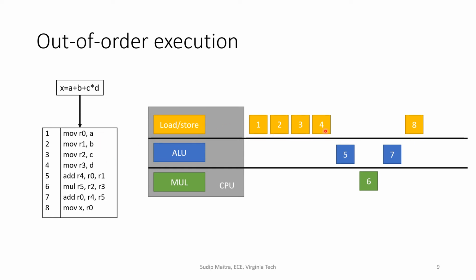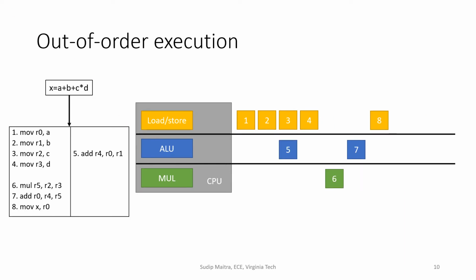For the first 4 clock cycles, it moves the data into the registers. On the 5th clock cycle, it adds A and B together. On the 6th clock cycle, it multiplies C and D, and then adds the results from steps 5 and 6, and then on step 8, it moves the result back to X.